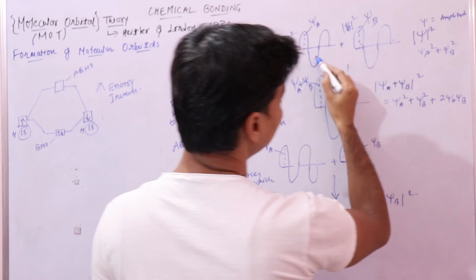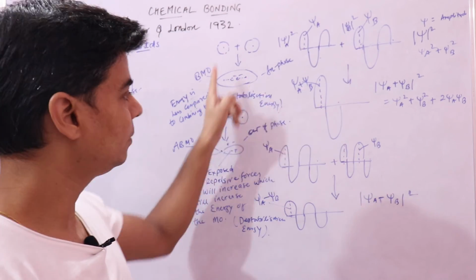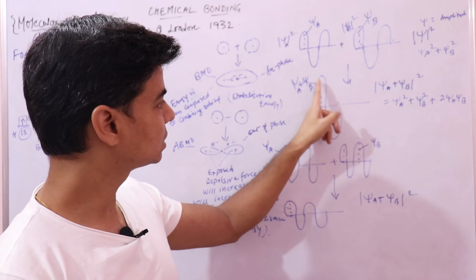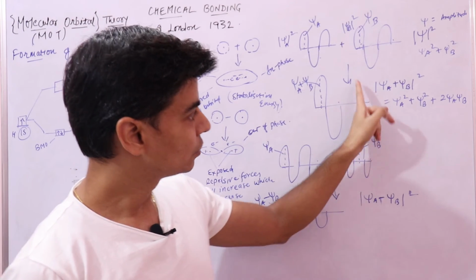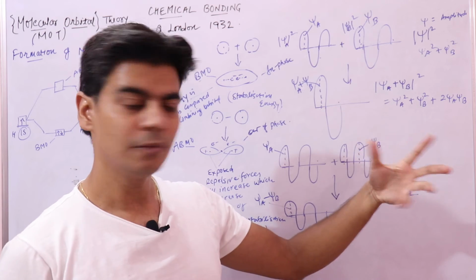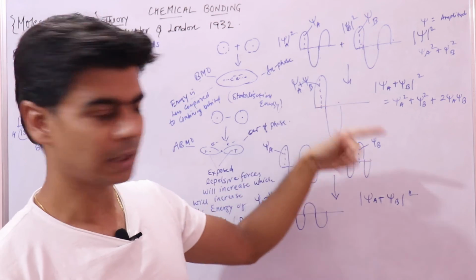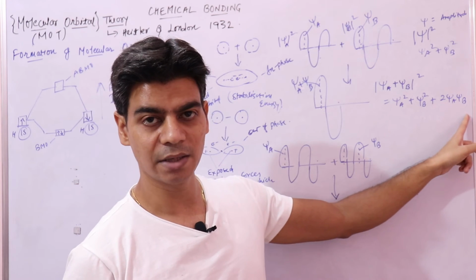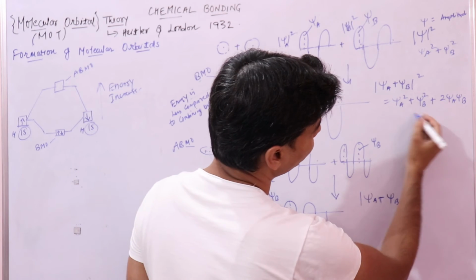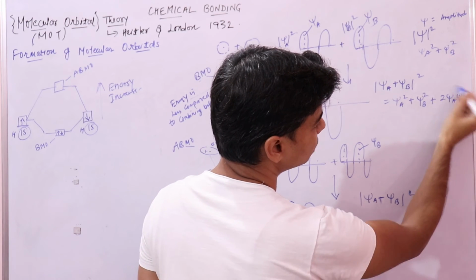But when these two combine to form this bigger wave or this bigger orbital, whose wave function is psi a plus psi b, the probability which we get from the square of this wave function is psi a square plus psi b square plus 2 psi a psi b, right? So here the probability is increased by this much, plus 2 psi a psi b.